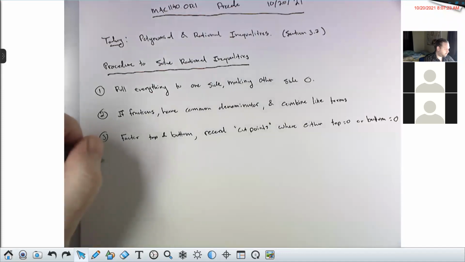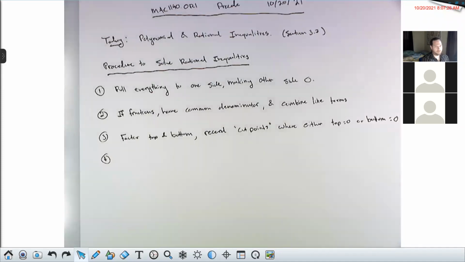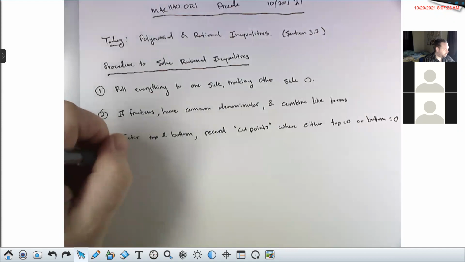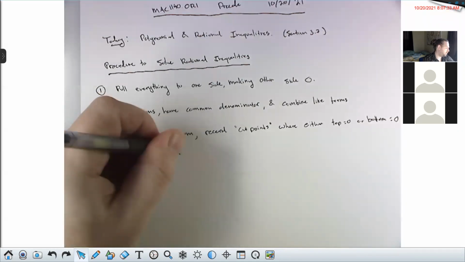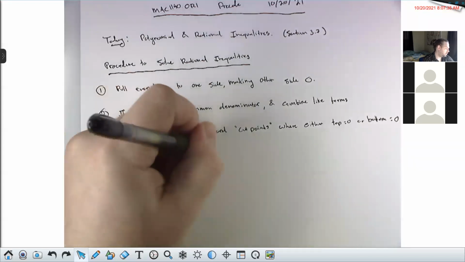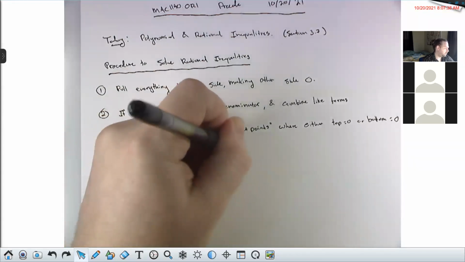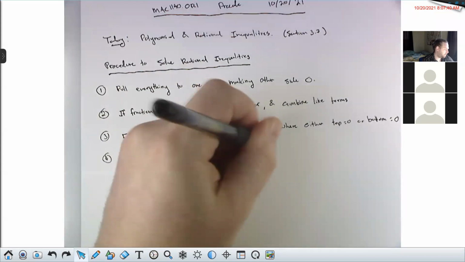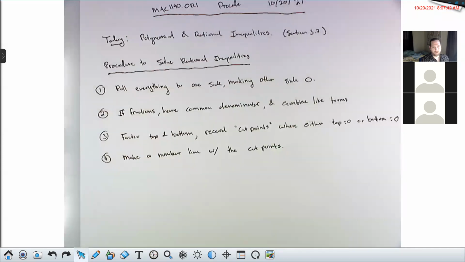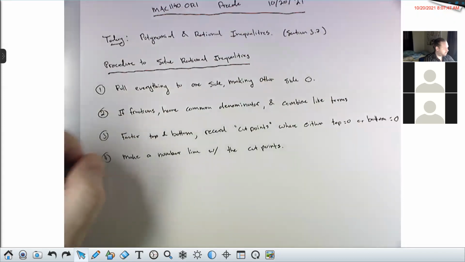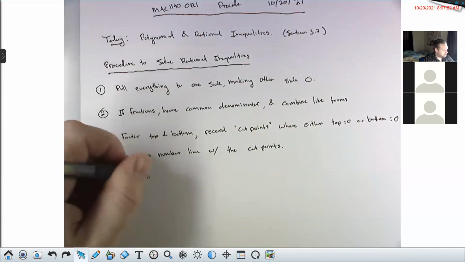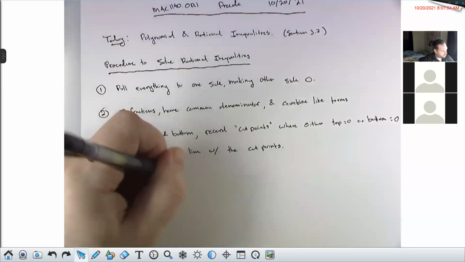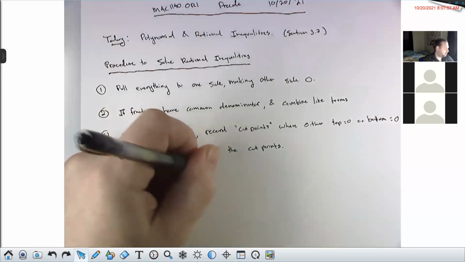And then, just like we did at the start of the semester when we solved these sorts of inequalities in section 1.8, you're going to make a number line with those cut points plotted on it. The cut points will split that line up into several regions. And then you're going to determine the sign in each region.